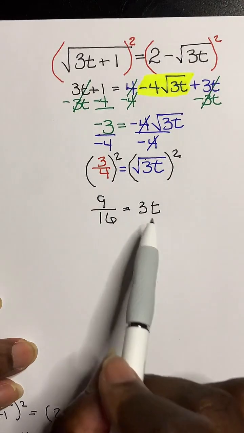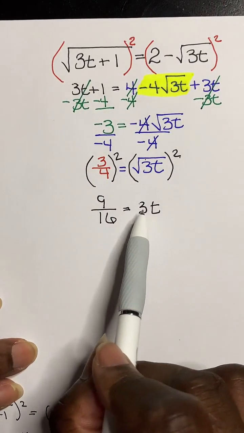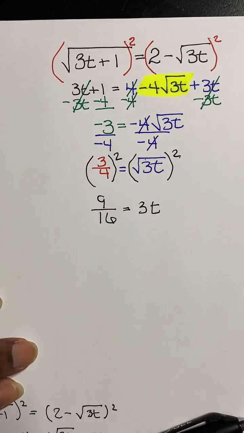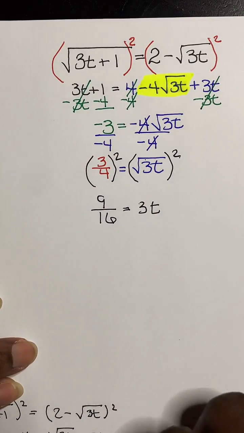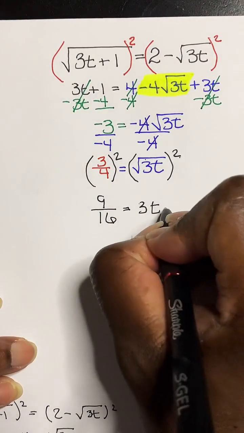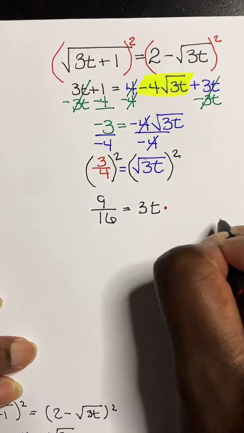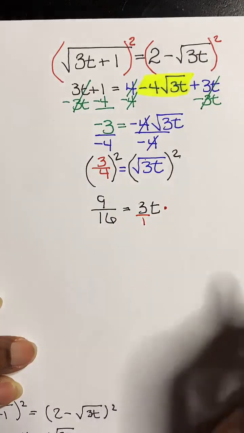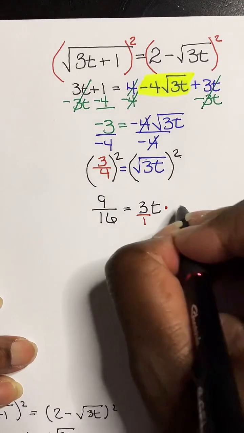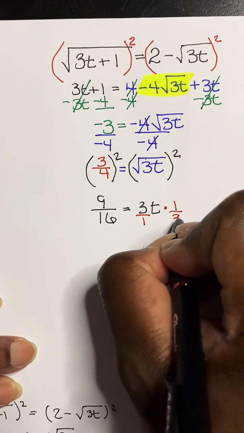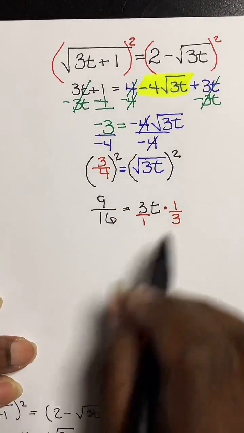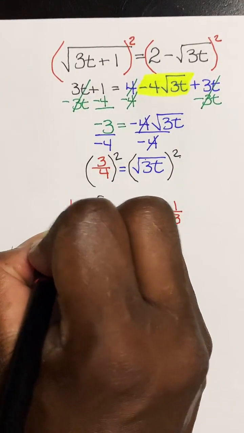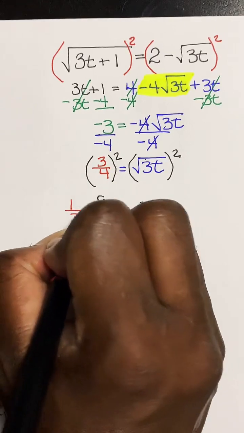So instead of dividing by 3, we could multiply both sides by the reciprocal of 3. Remember, for whole numbers, if I put it over 1, the reciprocal is going to be 1/3. So why not multiply both sides by 1/3?